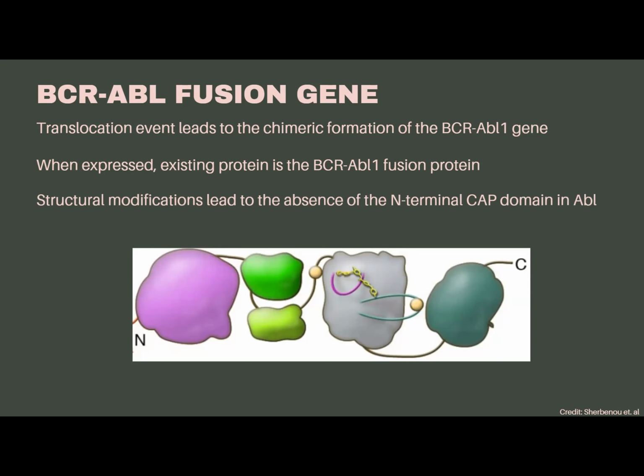And so when this specific chimeric gene is expressed, you get the BCR-ABL1 fusion protein. Okay? And so the structural modifications lead to the absence of the so important N-terminal cap domain. On this drawing, this purple balloon that you got here is BCR, and the rest is ABL. And this is the C-terminus for ABL, and that's the N-terminus for BCR.